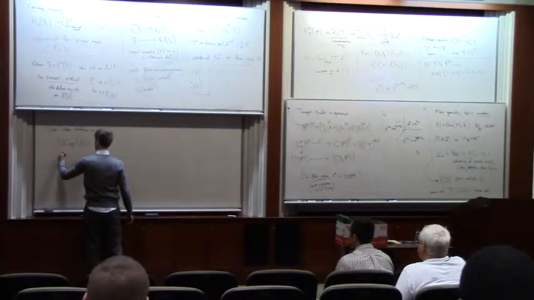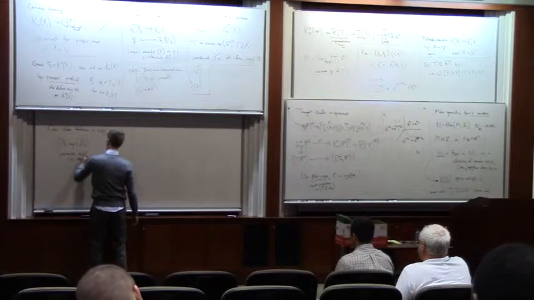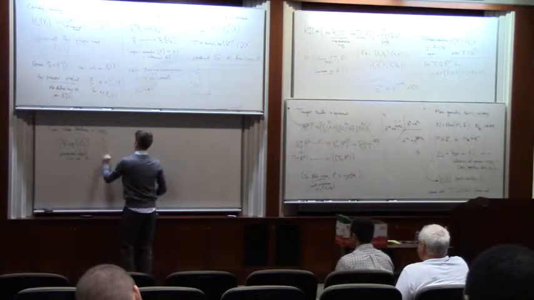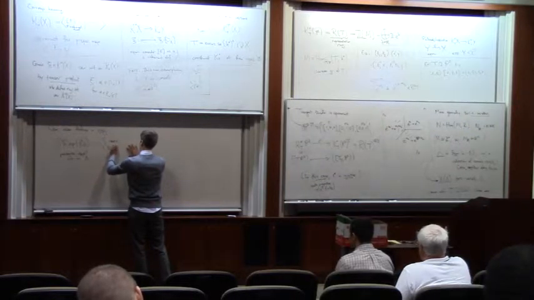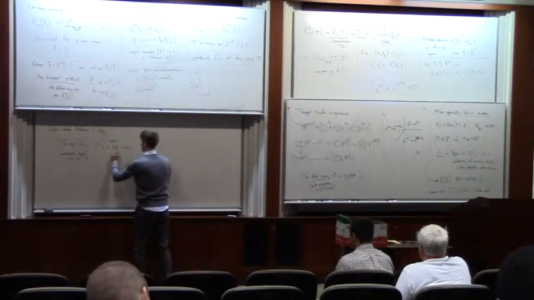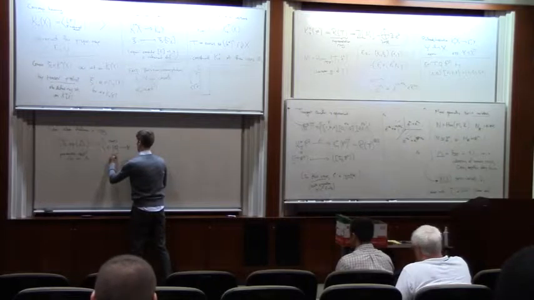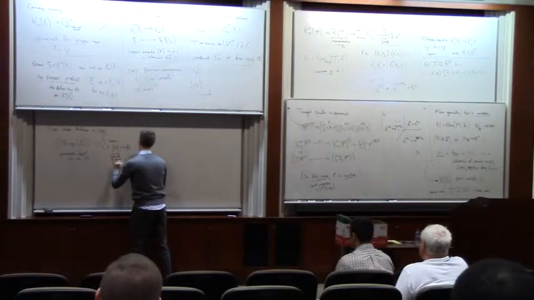So these are piecewise exponential functions on the fan. And these are just continuous functions. So the support of the fan is just the union of all cones.